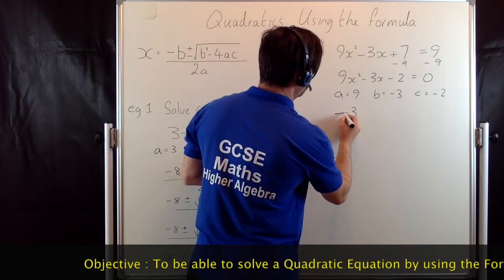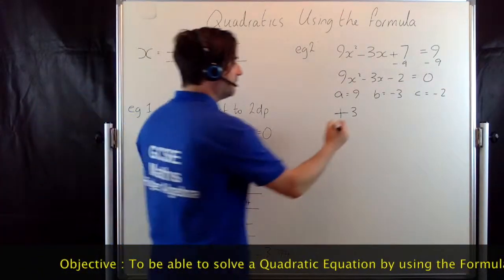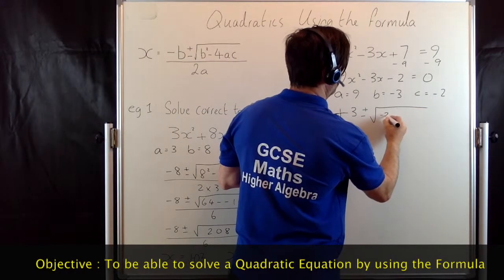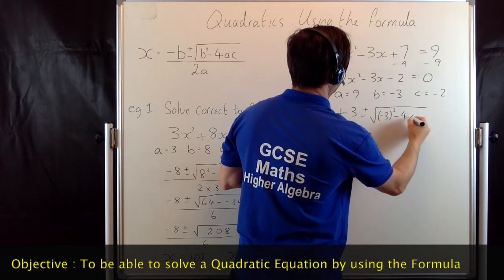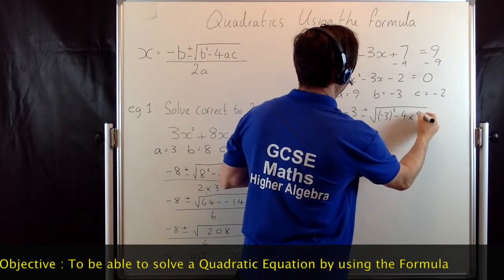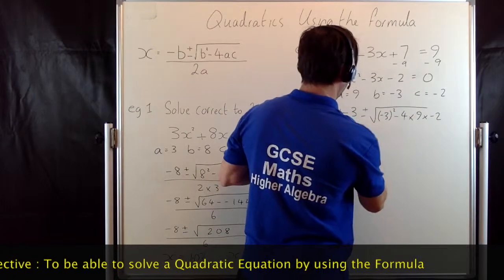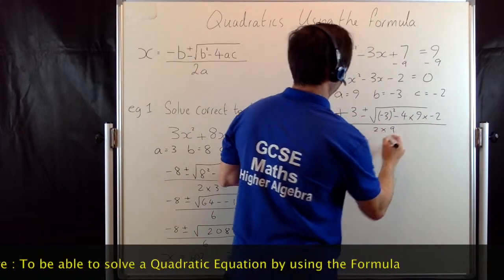So we start off with a positive 3 there, not a negative. Plus or minus the square root of minus 3 squared. Take away 4 times a, which is 9, and c, which is minus 2. Divide all of that by 2 times 9.